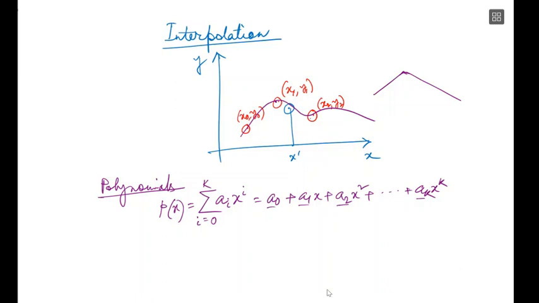That's a polynomial. And one thing to be reminded of is that a polynomial will have a finite number of terms.